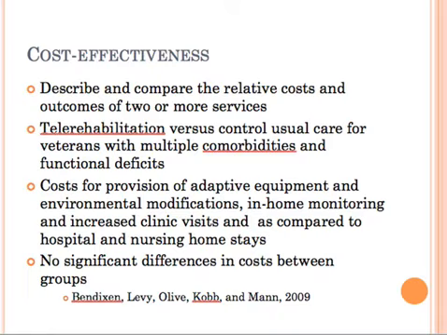There were costs because of the type of program that the telerehabilitation provided. There were costs for the provision of the adaptive equipment and environmental modifications. There were also costs for in-home monitoring, and there were increased clinic visits as compared to the hospital and nursing home stays. And what the authors found was that there were no significant differences in costs between the groups.